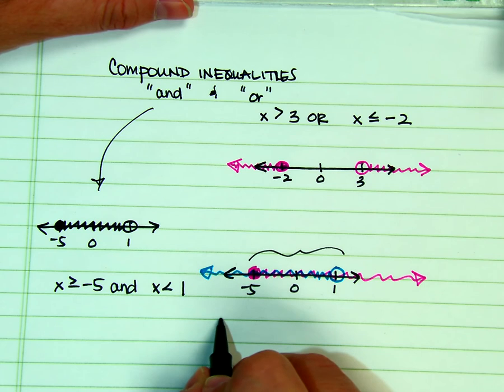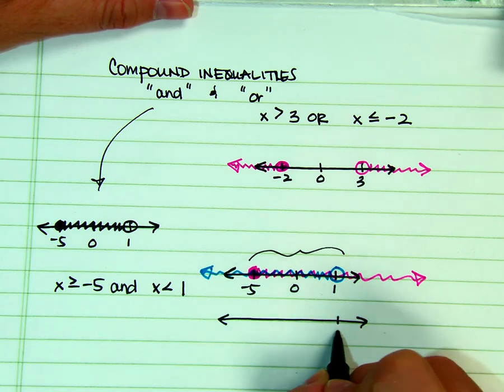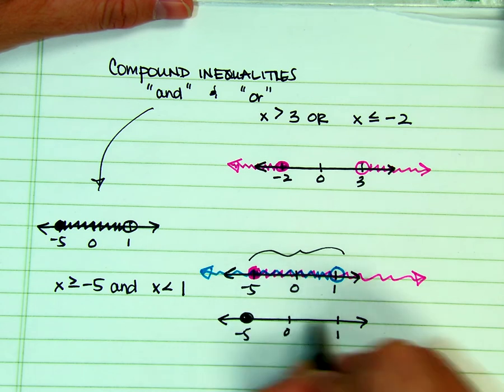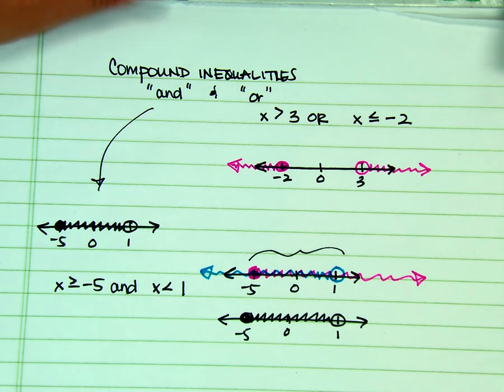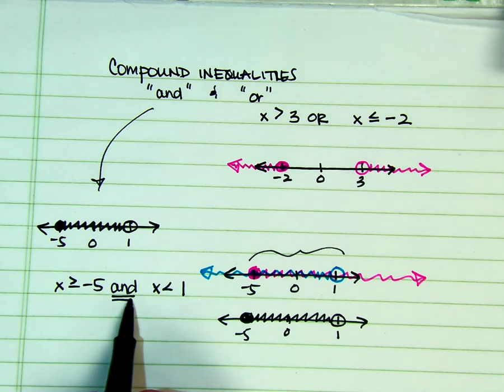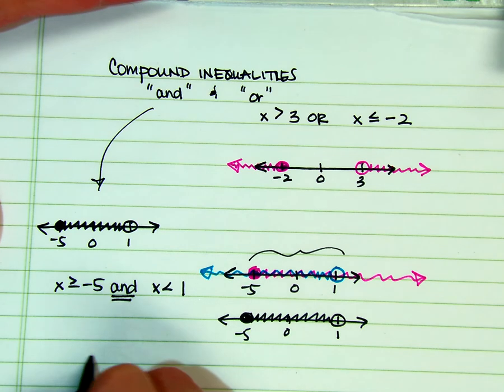So typically we would show it without all the other stuff on there and just show the 1, 0, -5, and just emphasize the overlap. Okay? Ands can either have the word and, or they might look like this.